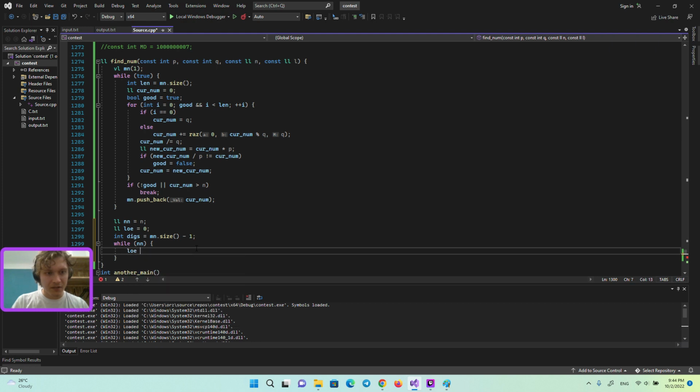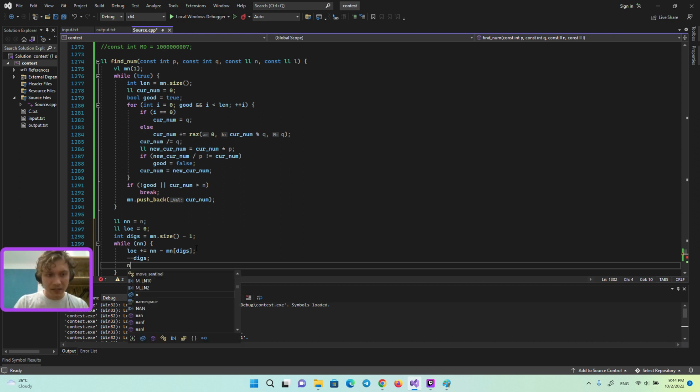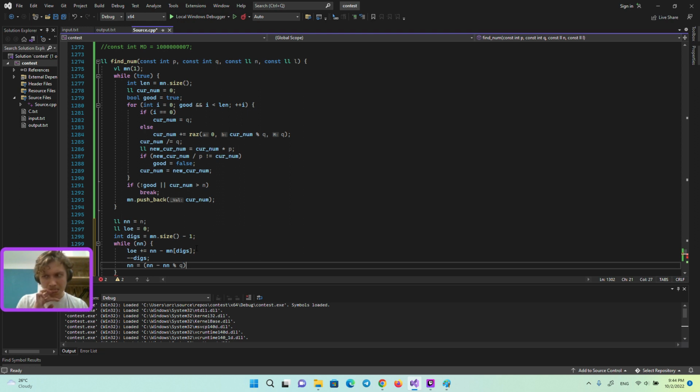So I say that LOE plus equals nn minus mn of idx, and nn equals nn minus nn divided by q times divided by p times q.